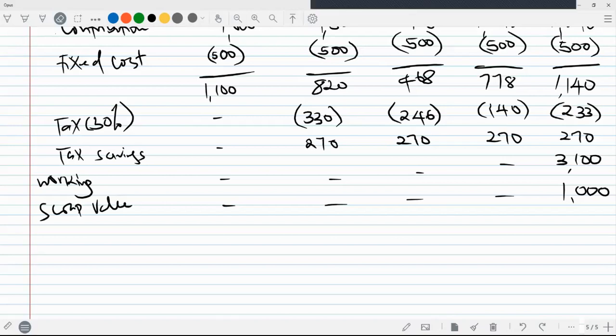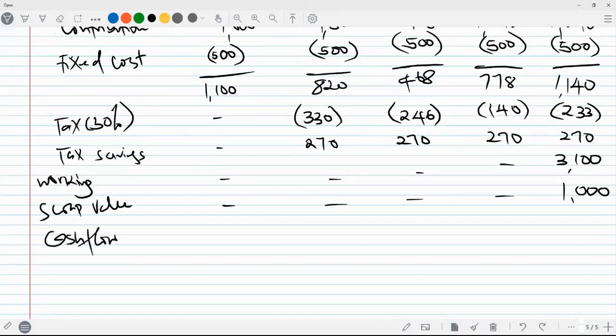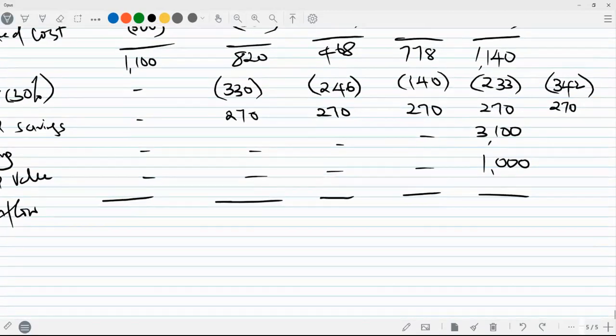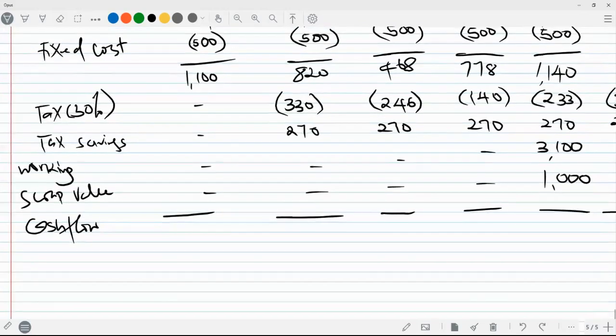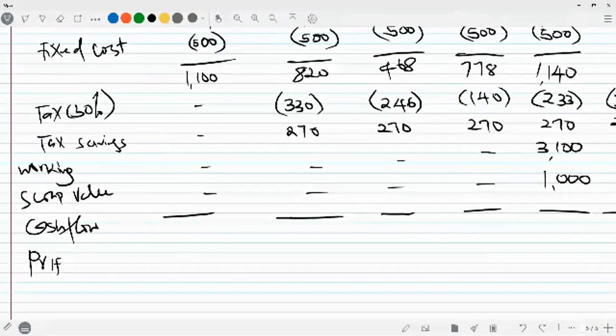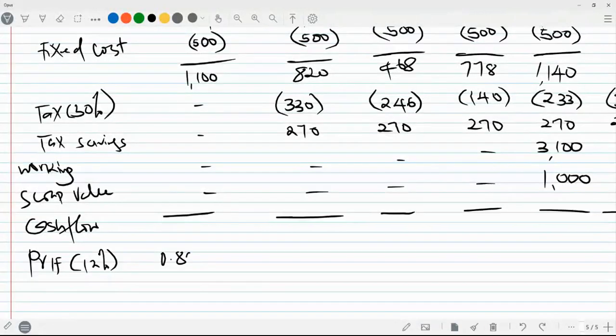Nothing else. Okay, so here we can have the cash flow like this: year 1, year 2, year 3, year 4, year 5. Don't forget year 6. Discount the cash flows back to year 0 at the company cost of capital, which as per note 5 is 12%: 0.8929 all the way until the final year.